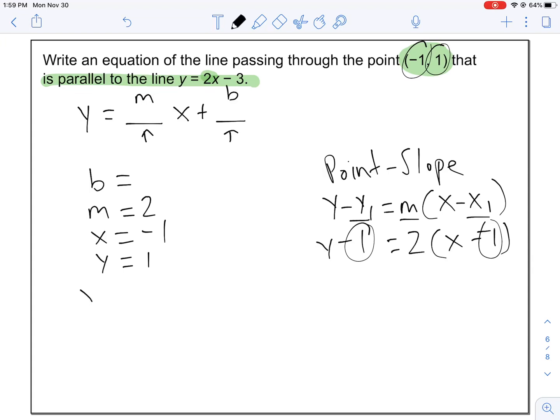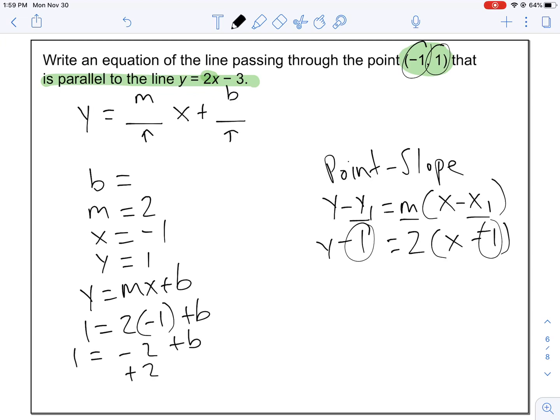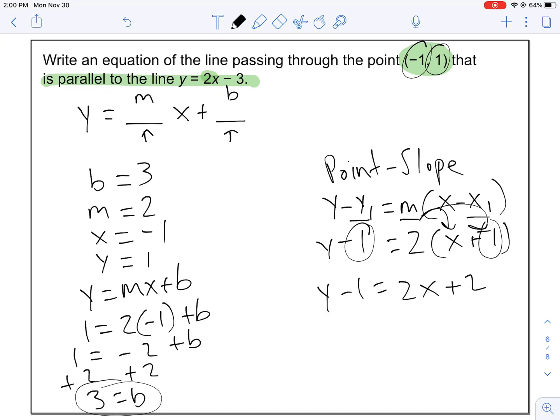Now, if you want to use y equals mx plus b, you fill in a generic y equals mx plus b with everything you know. y is 1, m is 2, x is negative 1. This is negative 2, and we're solving for b. So we add 2, we get 3 equals b. If you're using point slope, you distribute 2x, positive 2. Because remember, this is a plus, negative times negative.